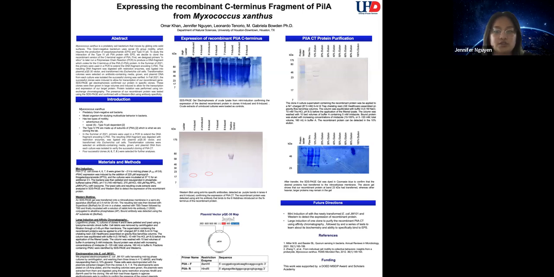We ran the cultures in a nickel-charged column using affinity chromatography. The nickel bound to the 6-histidine tag on our proteins, and the bound protein was eluted with increasing concentrations of imidazole. Each fraction allowed us to measure how much protein was being eluted in each concentration. Ideally, the last dilution should have had all of our isolated proteins.